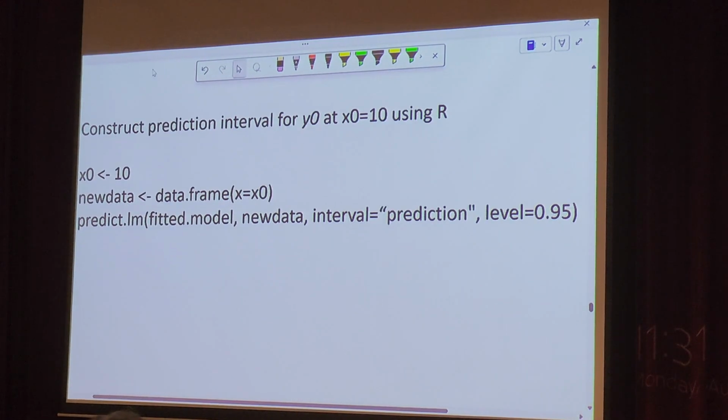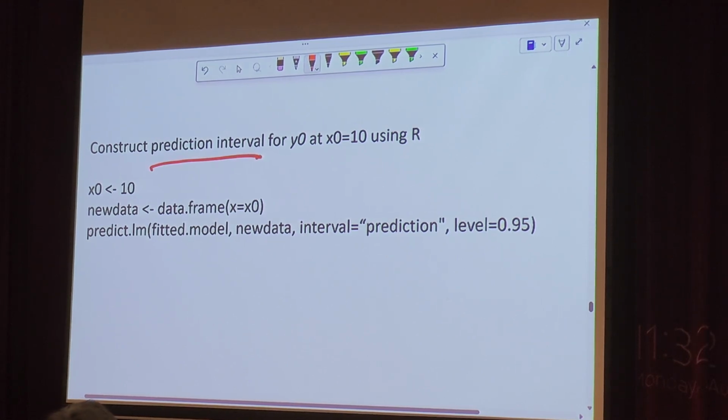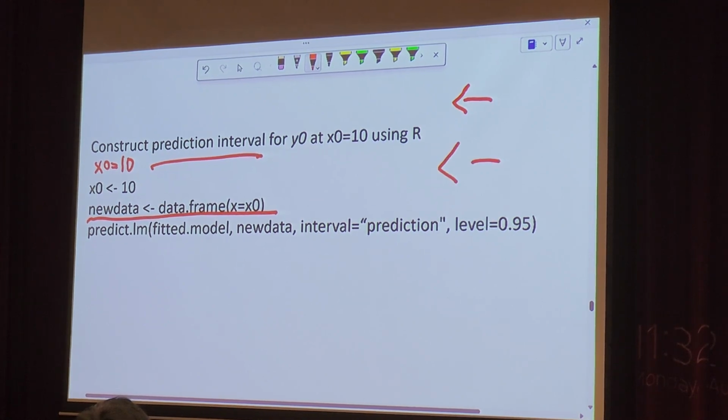Yeah? So how do you construct a confidence interval or prediction interval using R? Again, you create a data frame. Suppose you want to make a prediction for x0 equal to n. For those who are learning R, you can write x0 equal to n, or you say this and this.